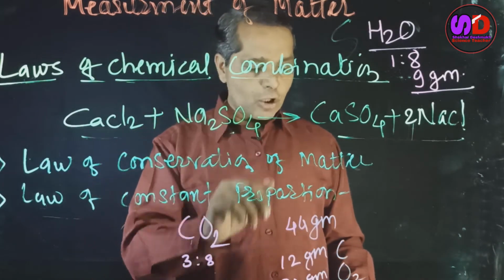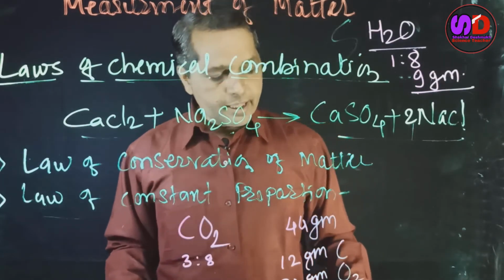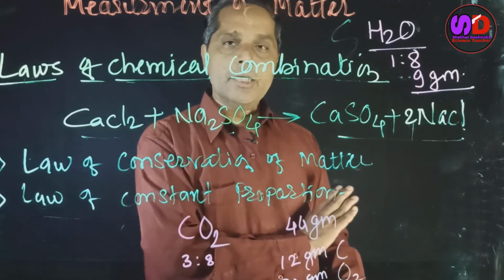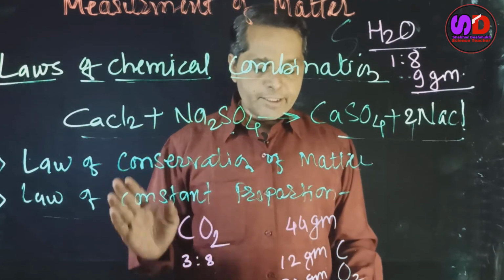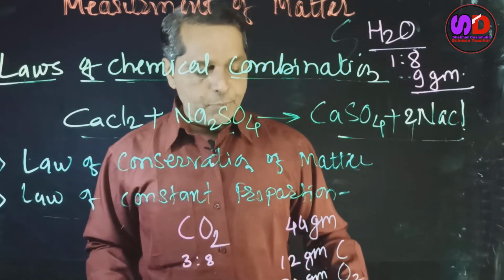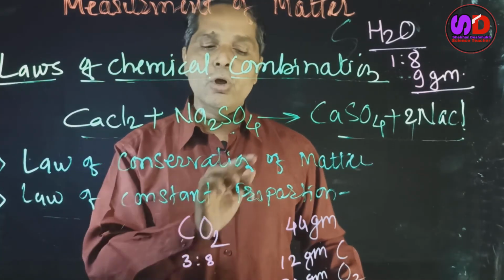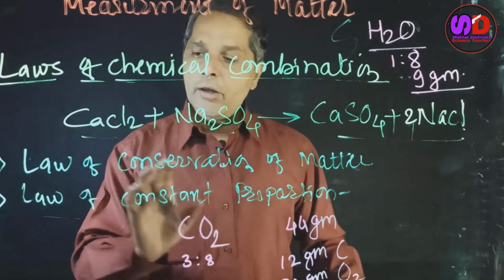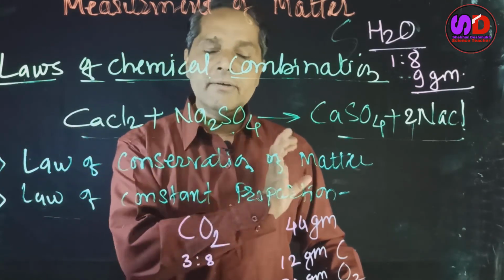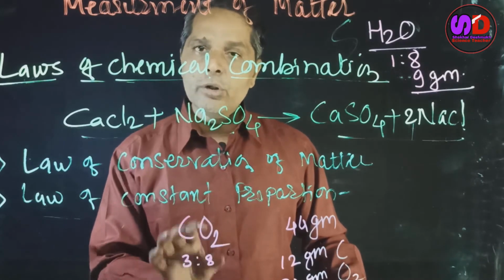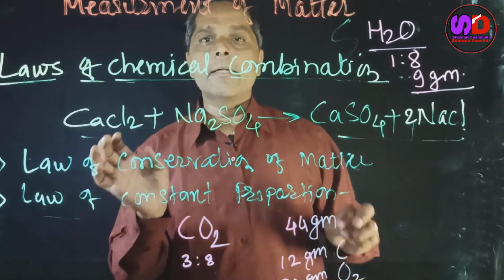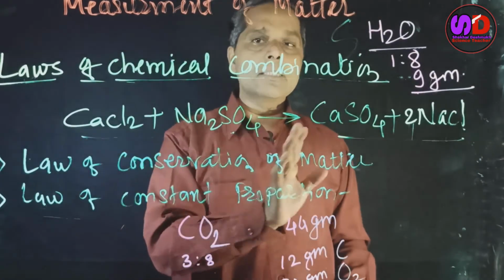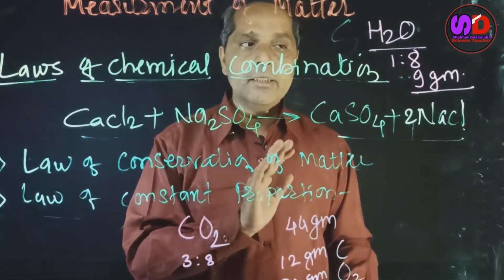The second law that we have seen is the law of constant proportion, which J.L. Proust stated in 1794. In the law of conservation of matter, the total weight of reactants and the total weight of products after a chemical reaction remains constant.